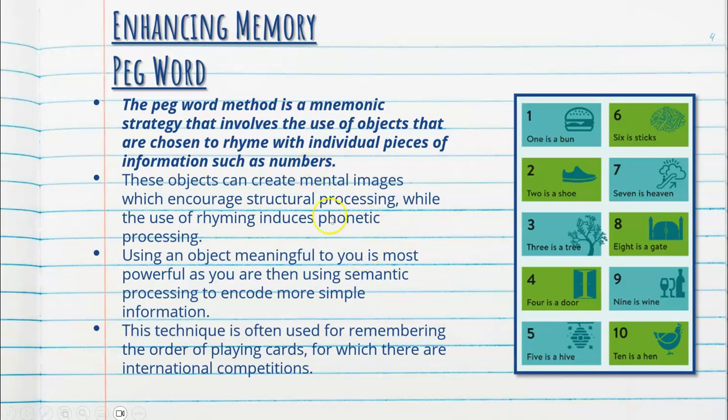So we're using the 2 deepest layers of processing, which I've talked about in a previous video. Using an object that's meaningful to you is most powerful, as you are then using semantic processing to encode more simple information. This technique is often used for remembering the order of playing cards, for example, for which there are international competitions.